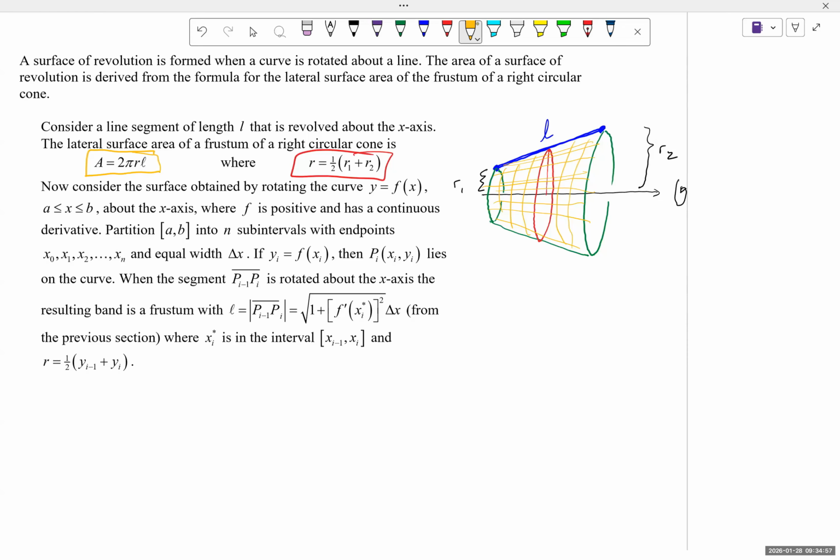The problem with that is that's giving you volume. Disk method is a volume thing. Here, that red circle, it's not a solid disk. It's just a circle with an emptiness within it.